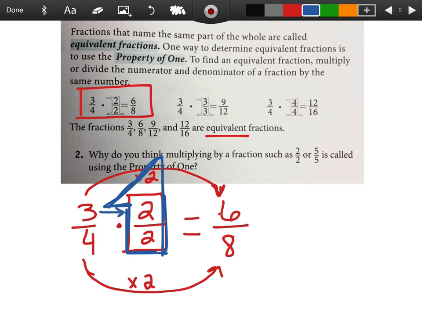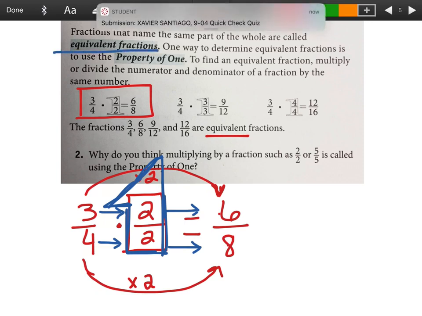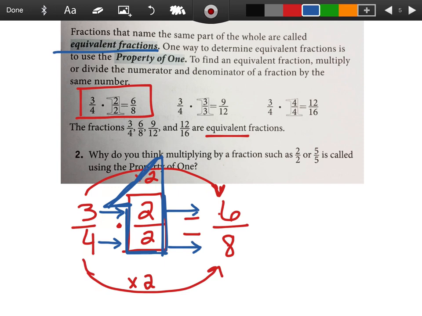I am increasing the size of the numerator and the denominator by the same amount. Okay, I am enlarging both numbers at the same time. Thus, they are equivalent fractions. I'm not skewing 1, which means multiplying 1 by a different number. Okay, I've got to make sure I'm multiplying it by the same number.